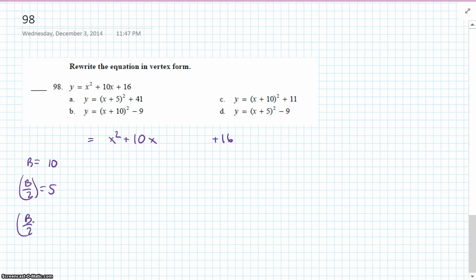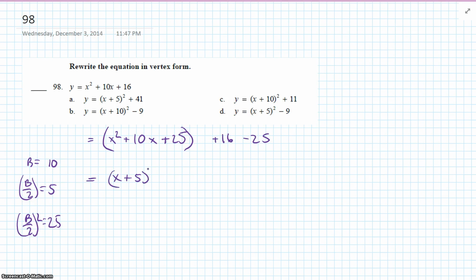And b over 2 squared is 25. So I'm going to add 25. But if I add 25, I also got to subtract 25. Now I can group wherever I want. I'm going to group that because that's a perfect square trinomial now. So that's going to be x plus my b over 2 value squared. And 16 minus 25 is minus 9. So it should be x plus 5 squared minus 9. Answer should be D.